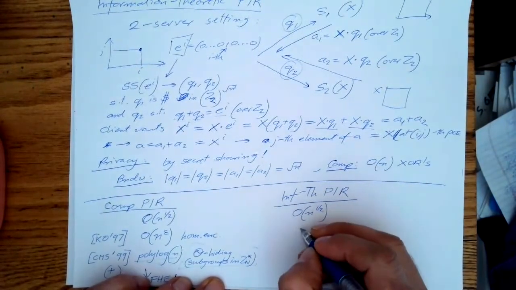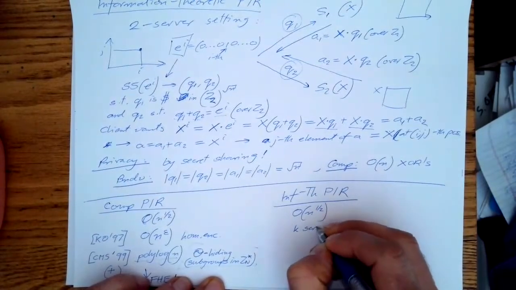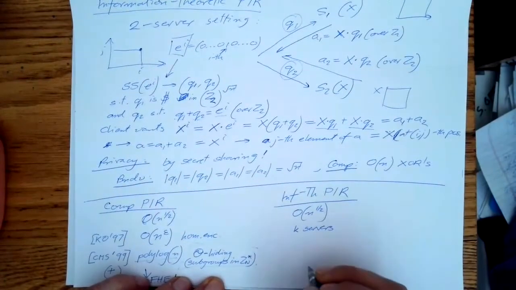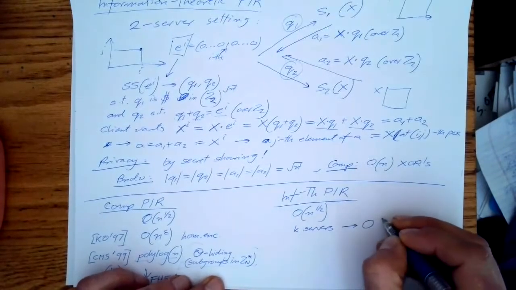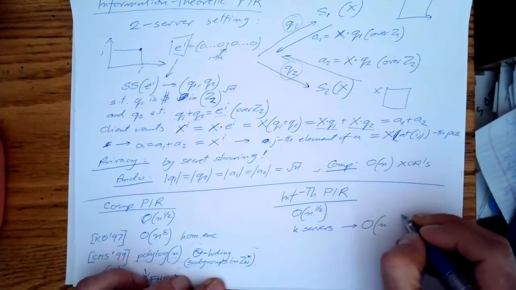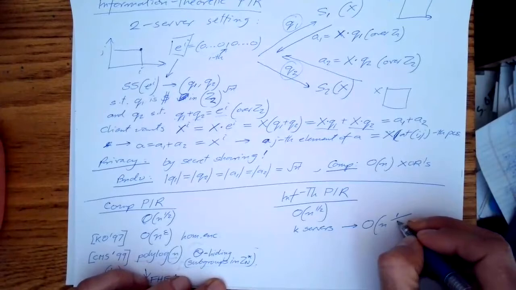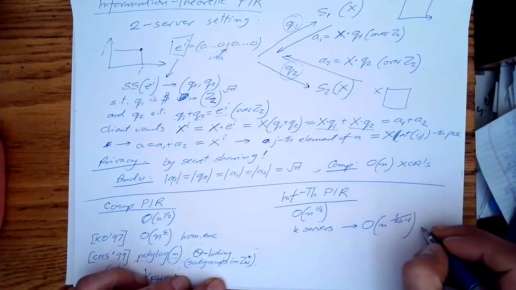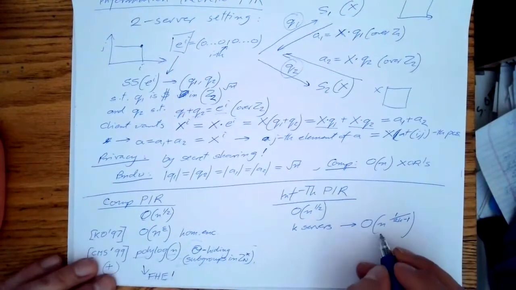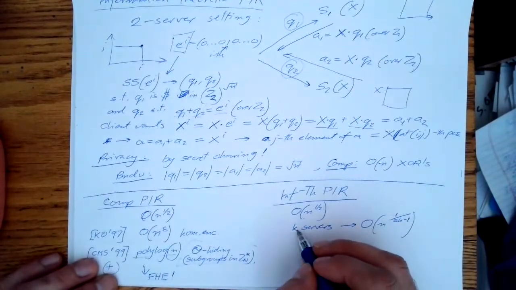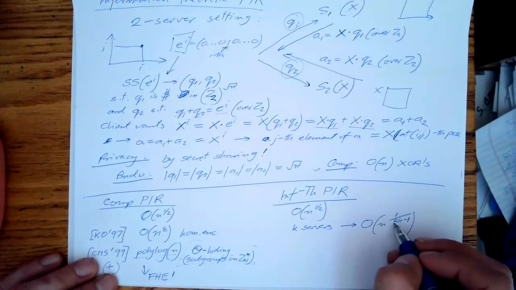The citations, sorry, I don't have a big list, but you go to k servers, and actually I don't know whether this is still the current best, but for a while this was the bound on bandwidth. And so, for example, for two servers, this is n to the 1/3.